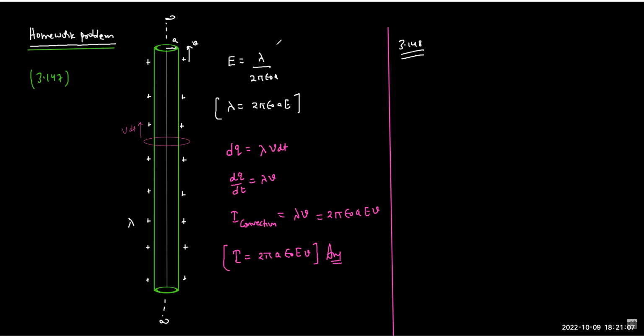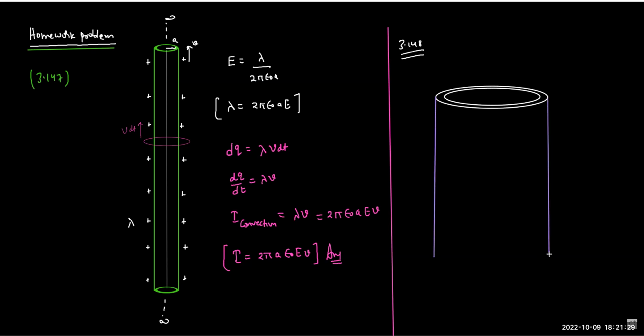Okay, so how to imagine this? First of all, you have to draw two concentric circles, I mean two concentric shells, very close to each other, and the gap is given as d.